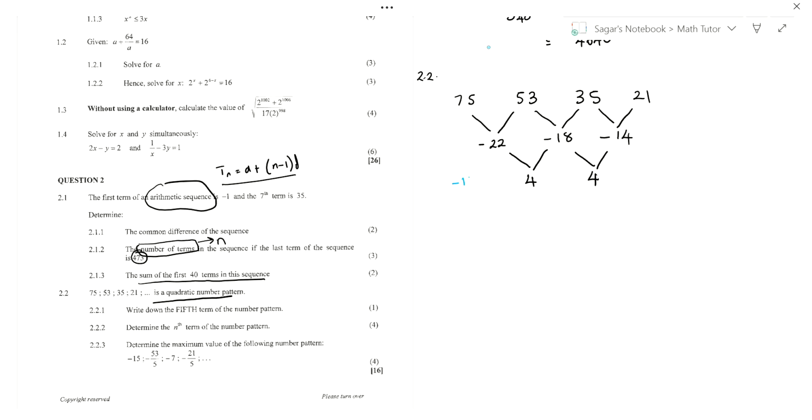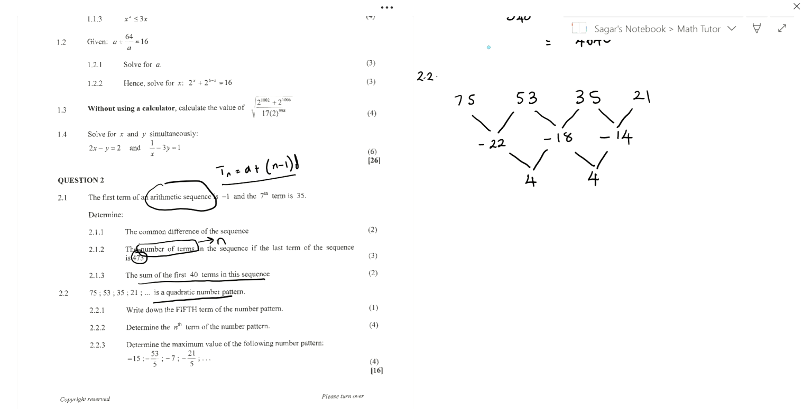Let me show you that. And that's how we end up with positive 4. The other term is minus 14 minus minus 18. And that's how we end up with positive 4. So that was quite important there.